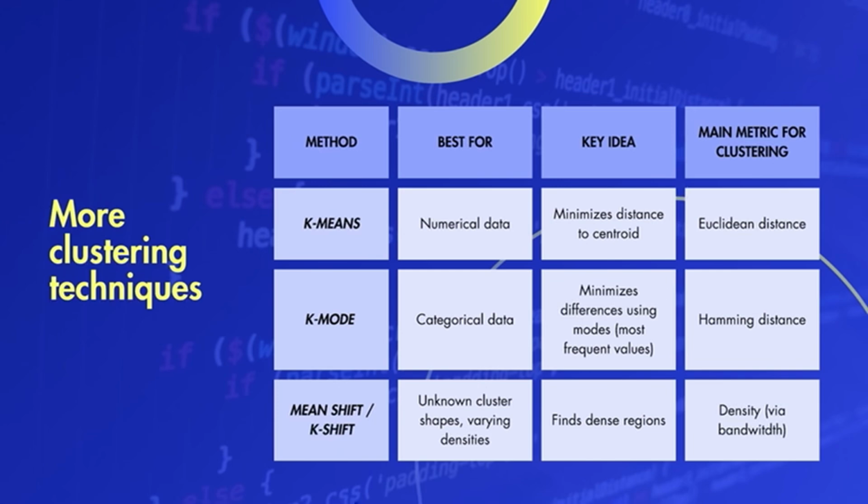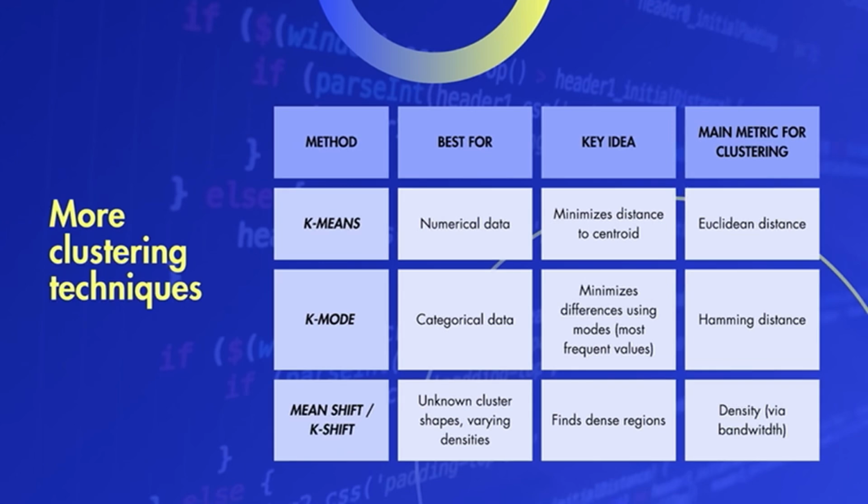The key idea is to minimize differences using the mode, the mode being the most frequent value. For that, you calculate the Hamming distance. So you count how many categorical attributes differ between 2 data points.